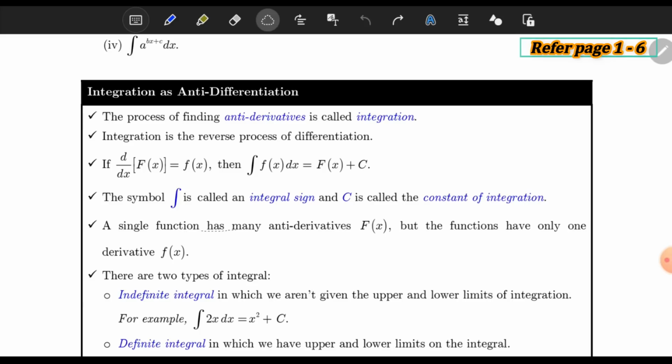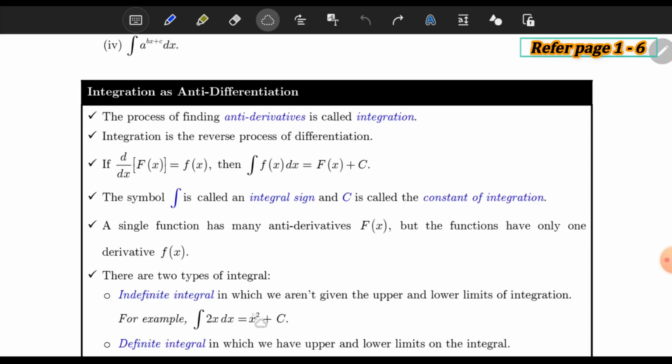A single function has many antiderivatives F(x), but the functions have only one derivative f(x). There are two types of integral. We have indefinite integral, in which we are not given the upper and lower limits of integration.